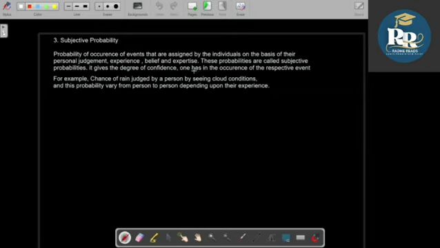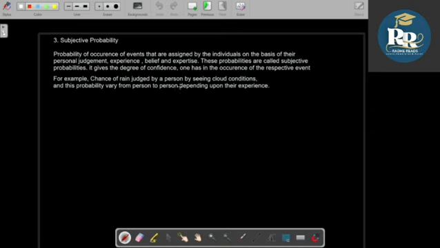So it gives the degree of confidence one has in the occurrence of the respective event.